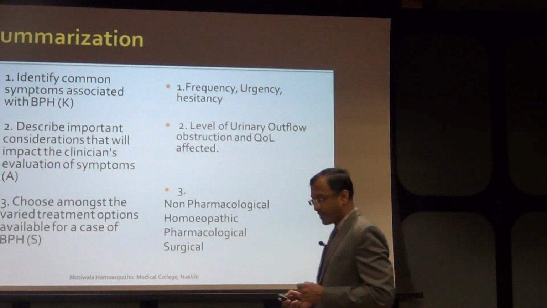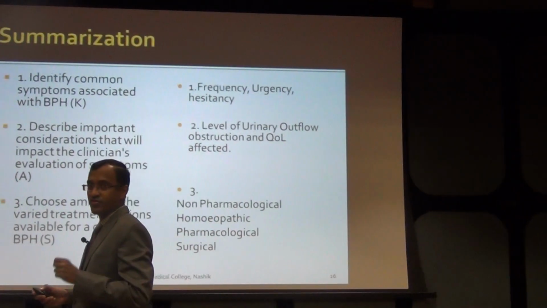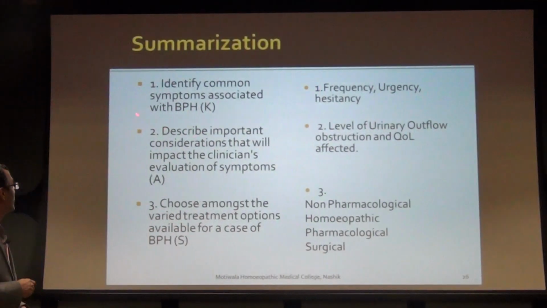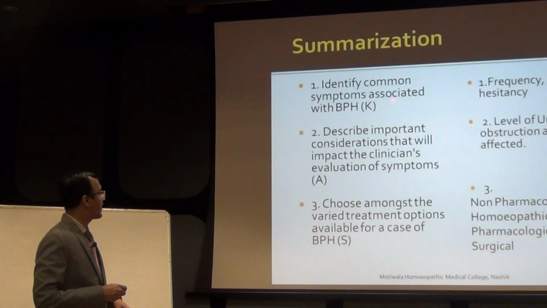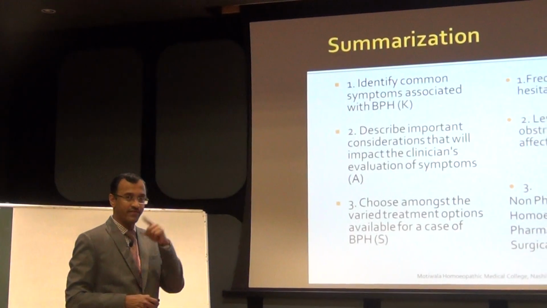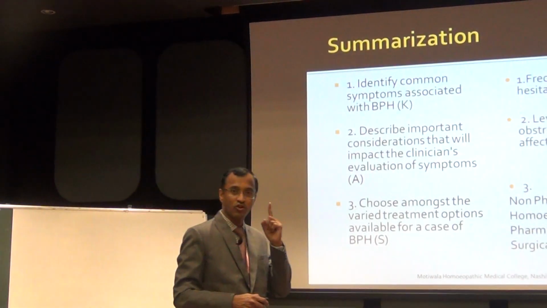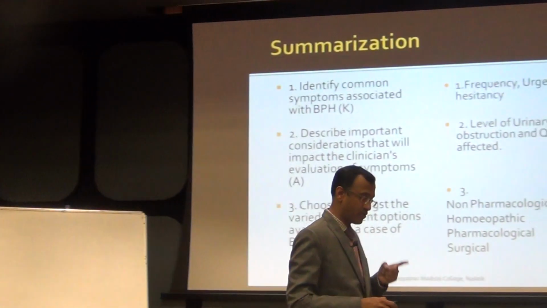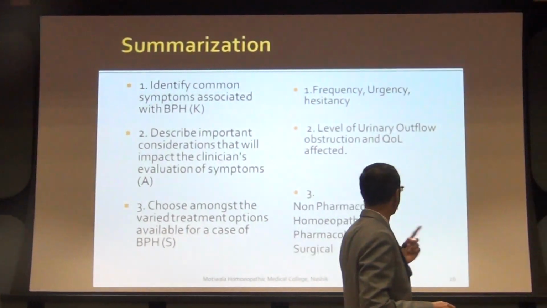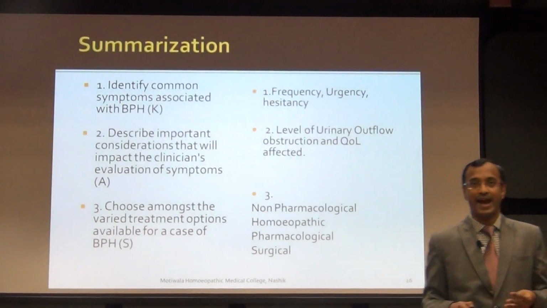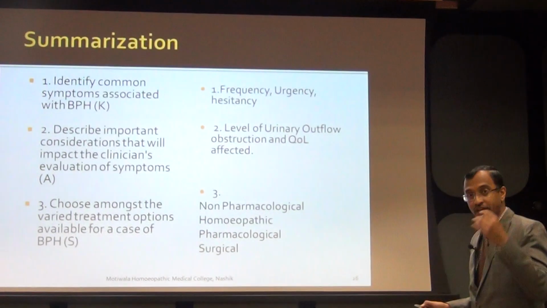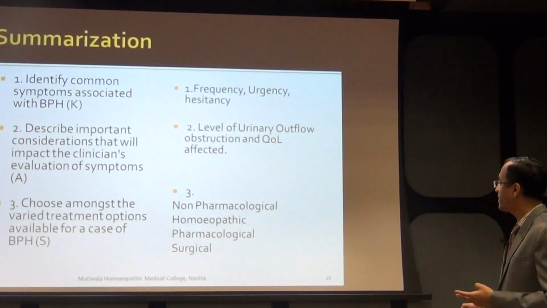So coming to the summarization, our objectives were to identify the common symptoms associated. So I will again repeat. The common symptoms which can help the student to diagnose are frequency, urgency and hesitancy, and weak urinary stream, very important.